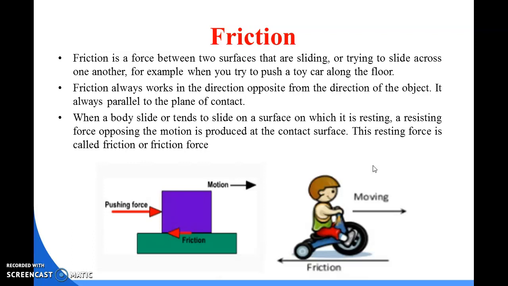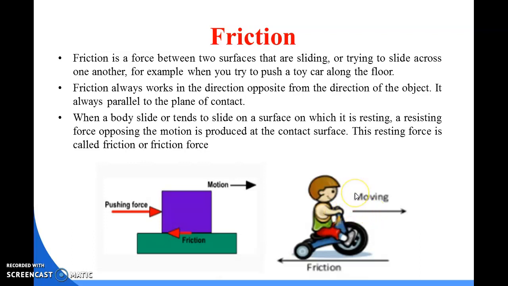First of all, friction is a force between two surfaces that are sliding or trying to slide across one another. For example, when you try to push a toy car along the floor. You can see this is your toy car, and due to the force applied, it will move.